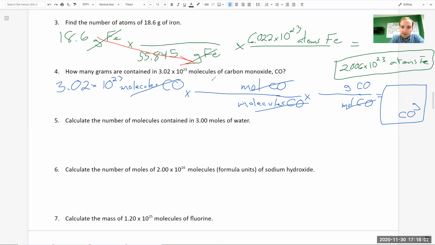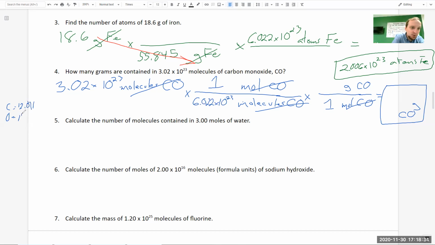So for every 1 mole is 6.022 times 10 to the 23rd of anything. That includes carbon monoxide. That again is just a standard. The next one we have over here is for every 1 mole of carbon monoxide, we would have the molar mass. Okay, well, molar mass. We have carbon monoxide, we have a C and we have an O. Carbon is 12.011.